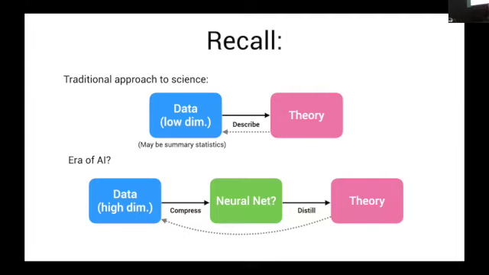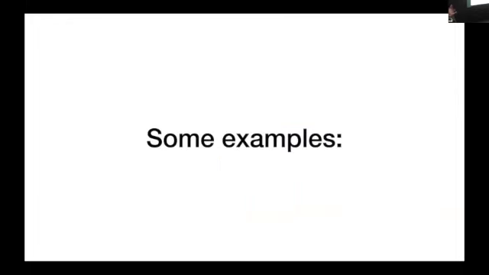I want to distill this into theory. I want to understand what the physical dynamics of this network are. Given the success of deep learning, where you can get much more accuracy than traditional models, I think it's really interesting to see what new theories are hiding inside that network that I can try to pull out.